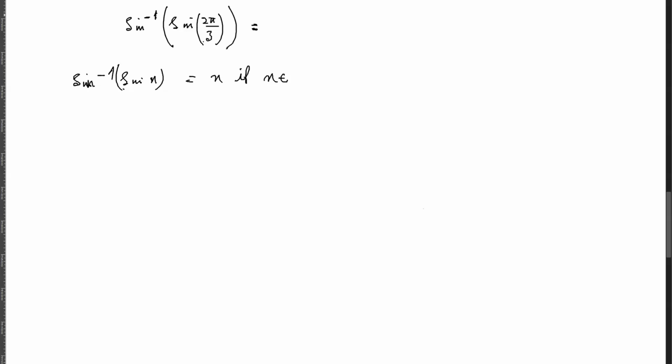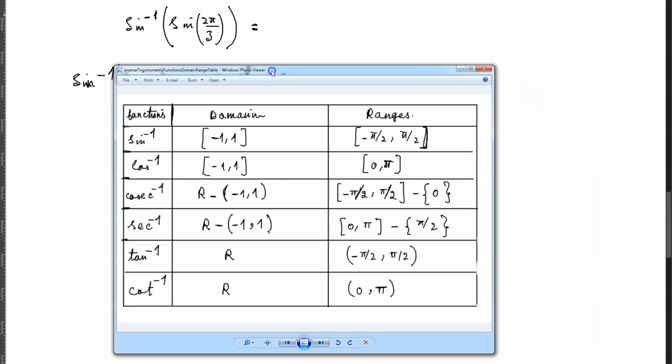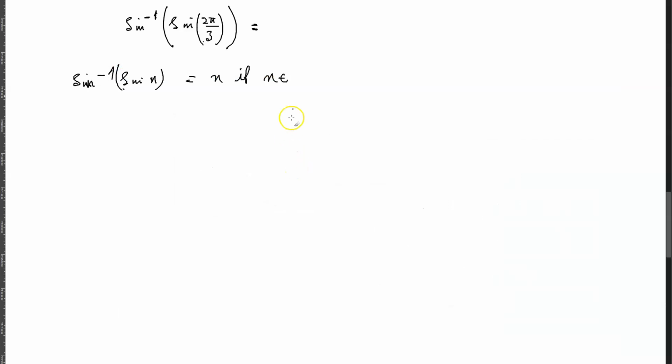So we limited the domain of the sine function to negative pi by 2 to pi by 2, and then based on that we got some definition for the sine inverse function, which means that if x belongs to negative pi by 2 to pi by 2, then the sine inverse of sine of x is equal to x, right?